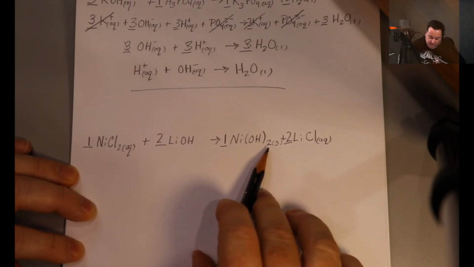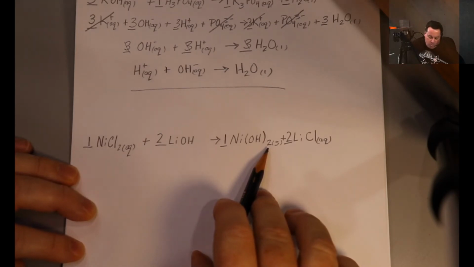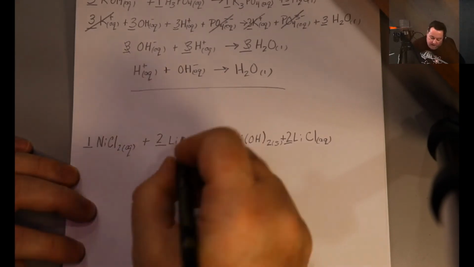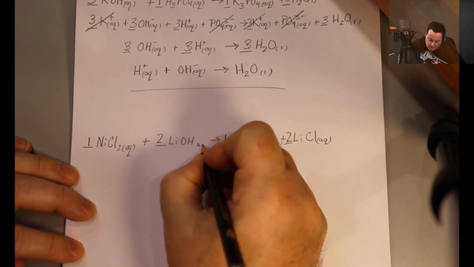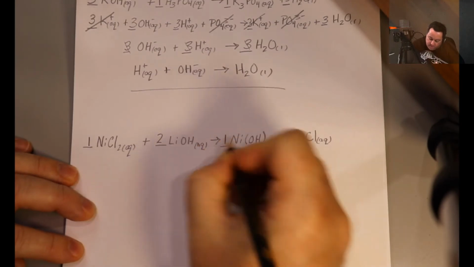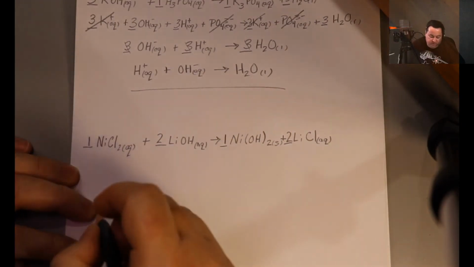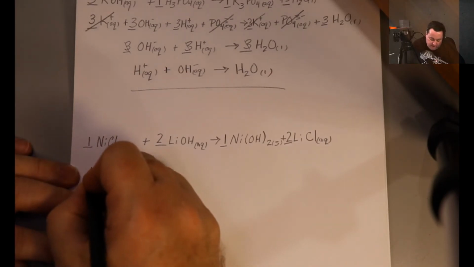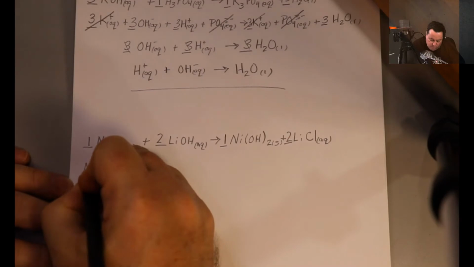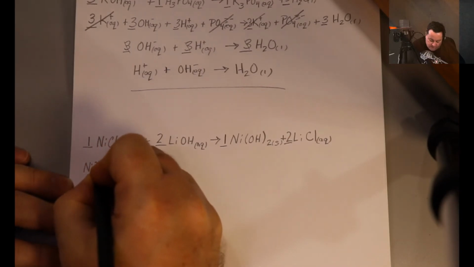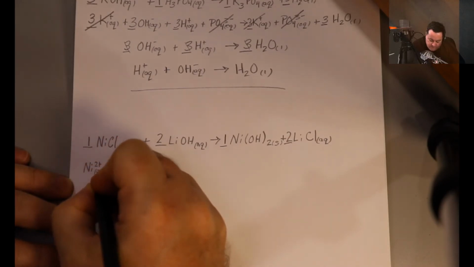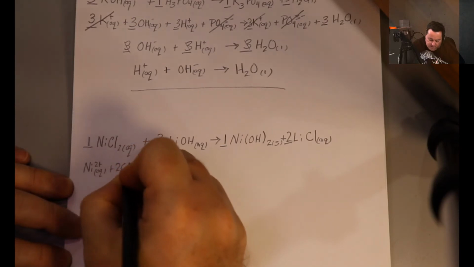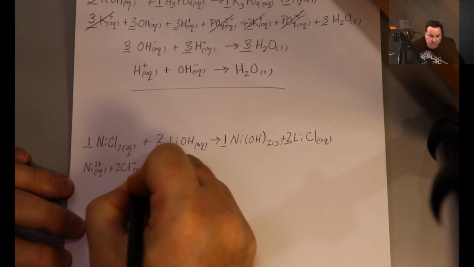Now, it's the same thing again. We're looking for soluble ionic compounds. Sorry, this should have been a given. We're looking for soluble ionic compounds, and this is soluble and ionic, so we're going to write it in the form of ions: Ni2+ aqueous and 2Cl- aqueous.